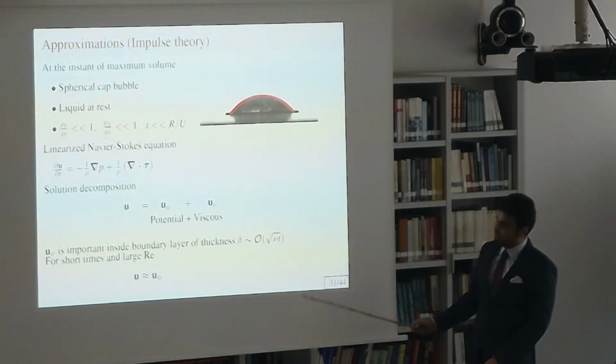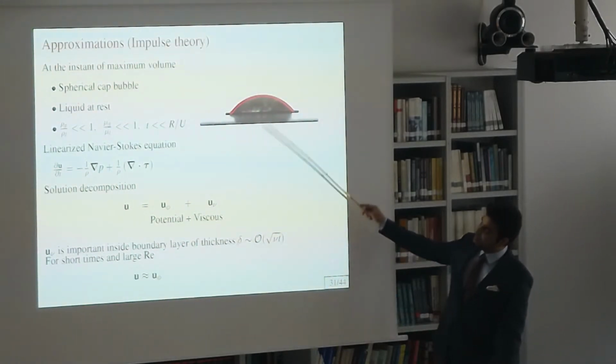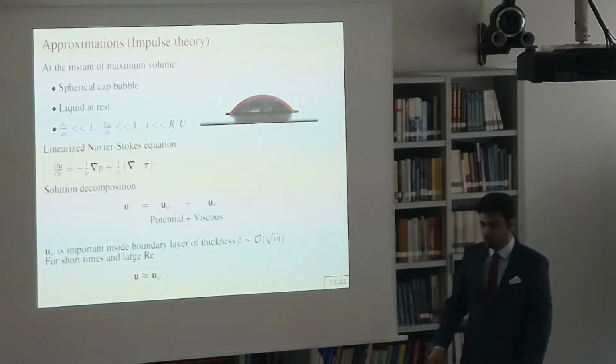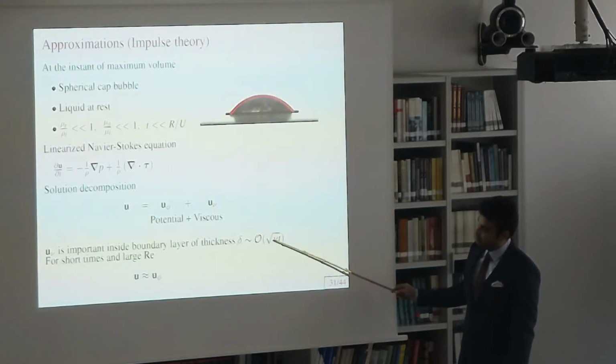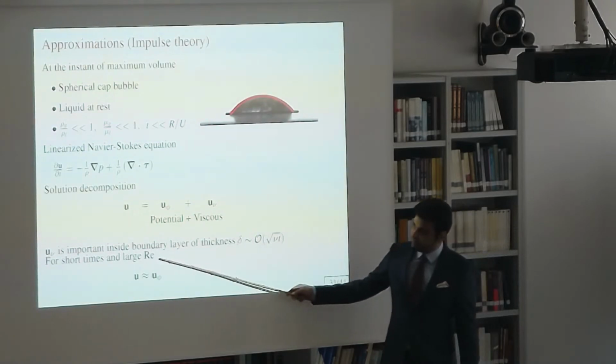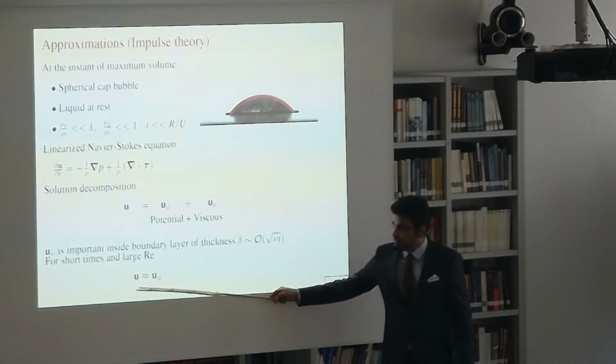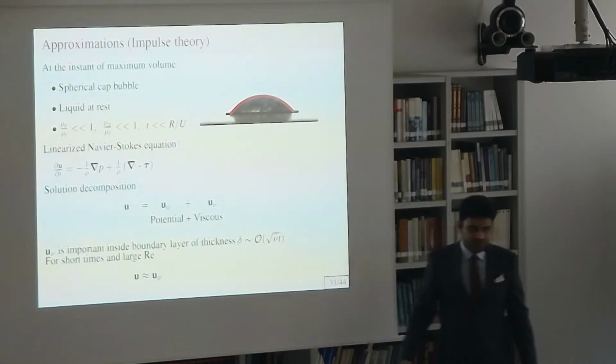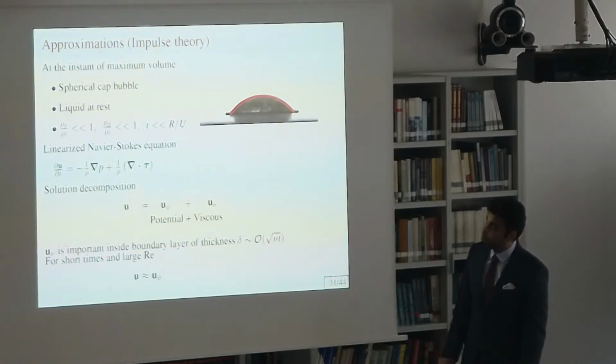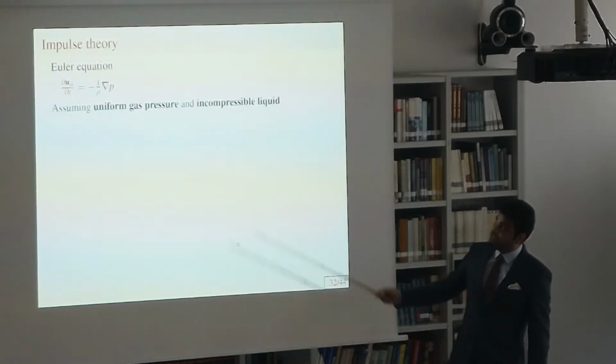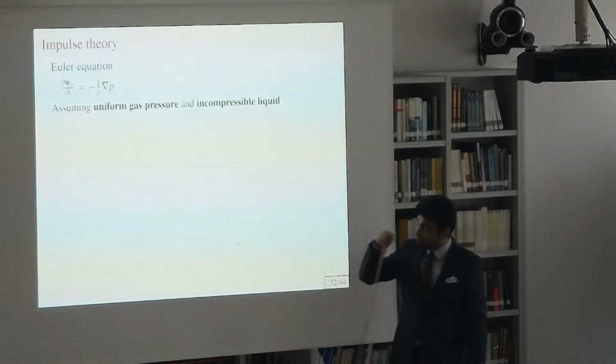For large enough Reynolds number and short time, the velocity is majorly governed by the potential flow solution. We can find this potential flow solution from the Euler equation.